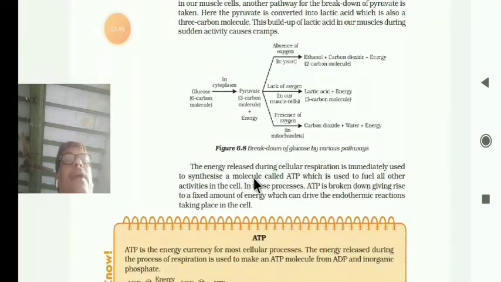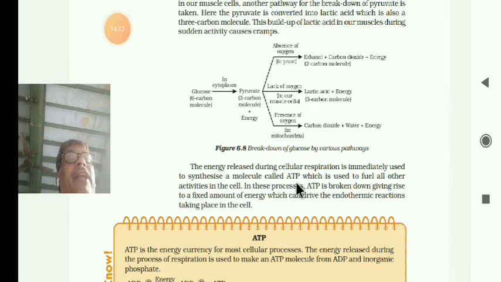Now, the energy released during cellular respiration is immediately used to synthesize a molecule called ATP, adenosine triphosphate.